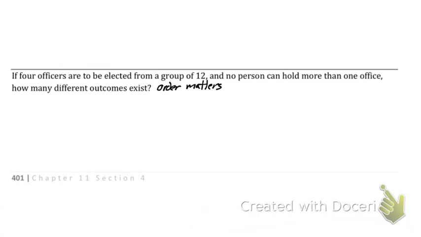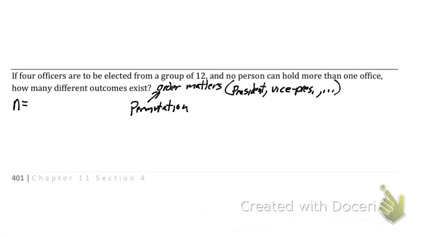Order matters because you could think of your positions as president, vice president, and so on. So order matters, which means it's a permutation.